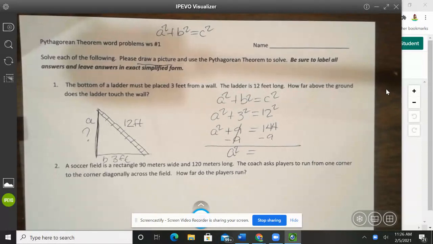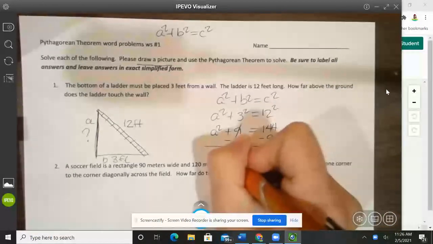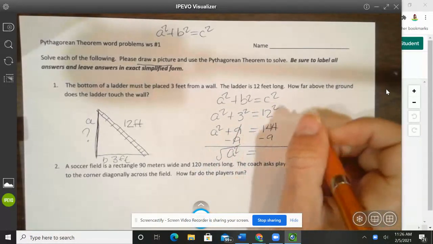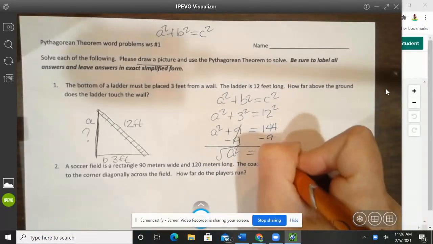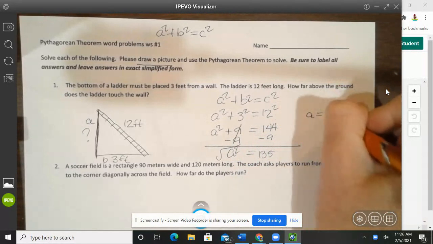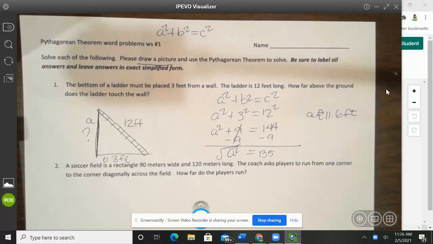It's the easiest way, right? So 144 minus 9, and then take the square root of that. It's 11.6. Let's put 11.6 approximately feet, right?